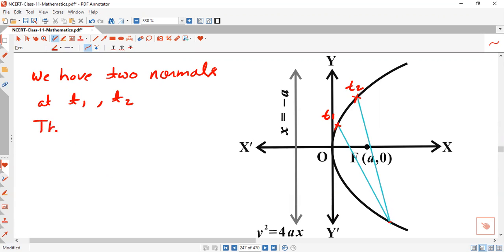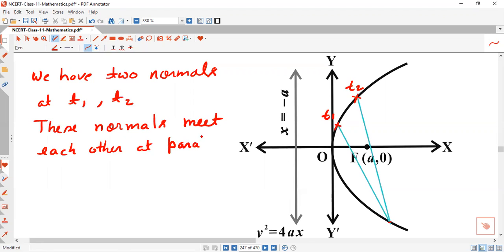These normals meet each other at the parabola if and only if T1 T2 equal to 2.